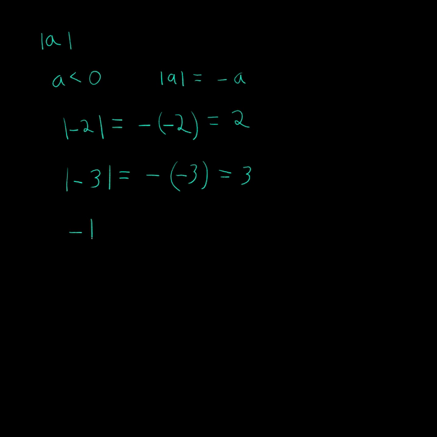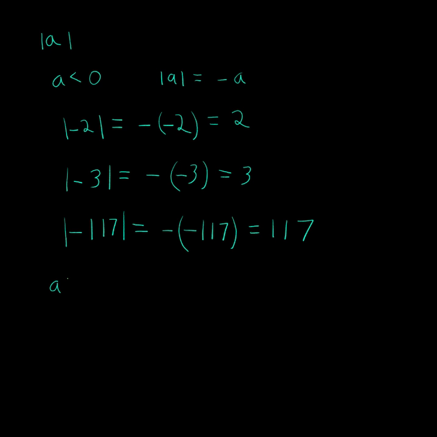So negative 117, we want the absolute value, that will give us 117. So here we have the absolute value of negative values. We just basically propagate through a negative sign, and the negatives cancel and give us a positive value. So that's what we do when a is less than 0.